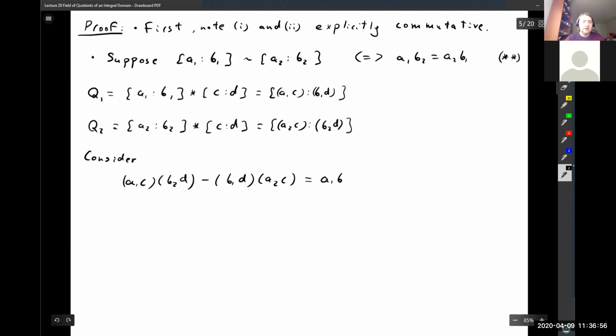So what we'll get is (A1 B2 minus A2 B1) multiplied by CD, right? And by the condition star star, this equals 0. As a corollary, the result of the multiplication Q1 is equivalent to the result of the multiplication Q2.